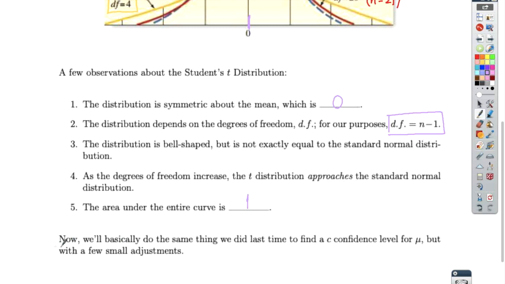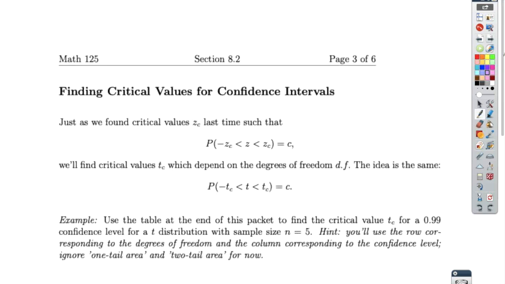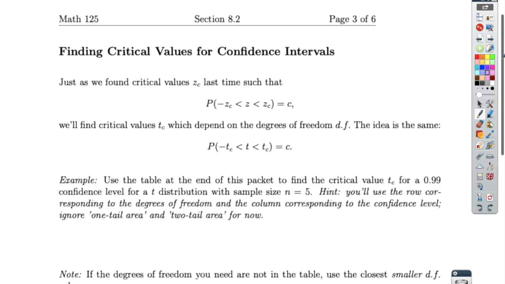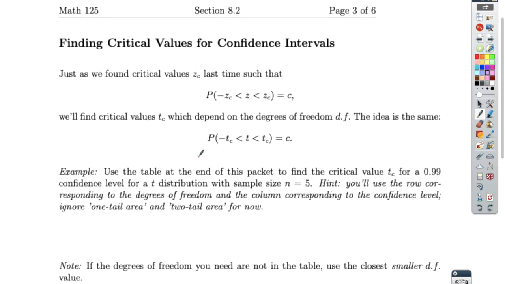Now that we have this different distribution, we're basically going to do the same thing that we did last time to find a confidence level, although you will see along the way that we're going to make a few small adjustments, and we'll talk about how to use the t table. Finding the critical values is basically the exact same process.